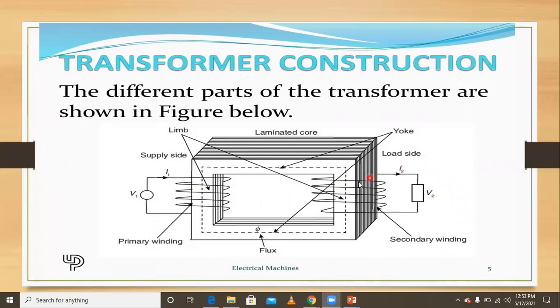Both powers are the same. That means the transformer is not a power amplifying device. It is not increasing the power levels. Power is not increased by using a transformer. It just increases the voltage levels.